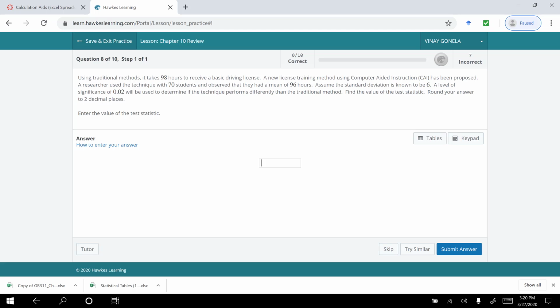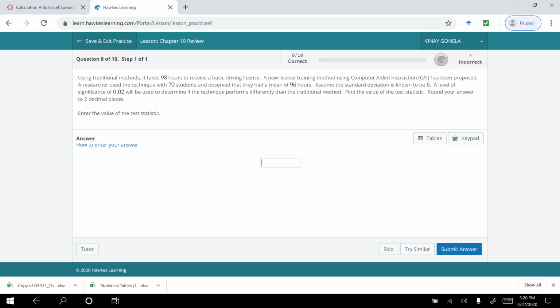Let me read the question. Using traditional methods, it takes 98 hours to receive a basic driving license. A new licensing method using computer-aided instruction has been proposed. A researcher used the technique with 70 students and observed that they had a mean of 96 hours. The standard deviation is known to be 6. The level of significance is 0.02 will be used to determine if the technique performs differently than traditional methods.